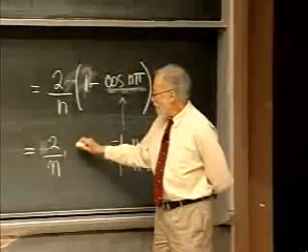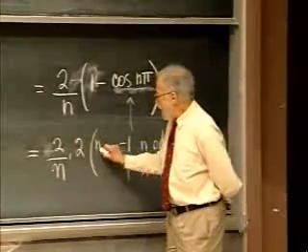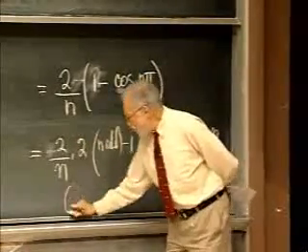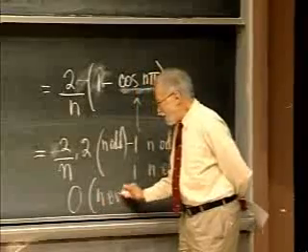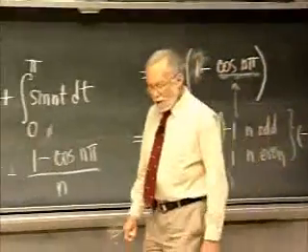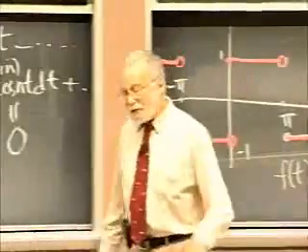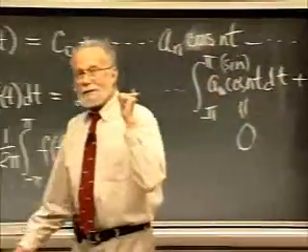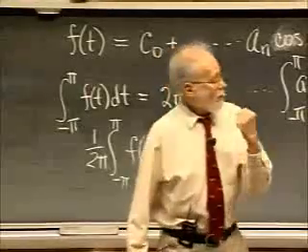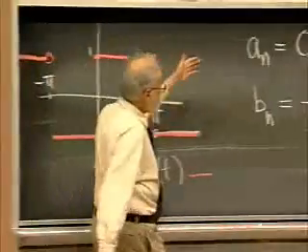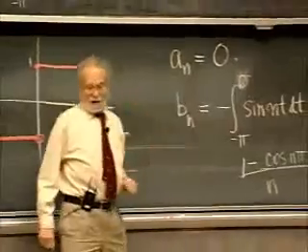So it's 4 over n if n is odd, or it's 0 if n is even, and the final series is a sum of those coefficients times the appropriate cosine or sine? Sine terms, because the cosine terms all turned out to be 0.